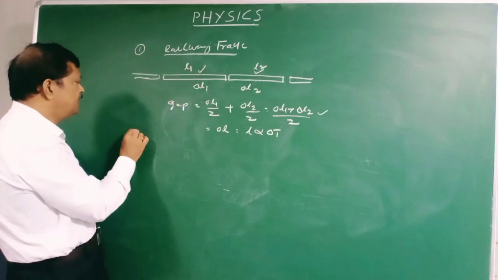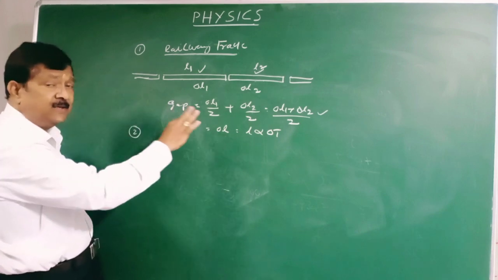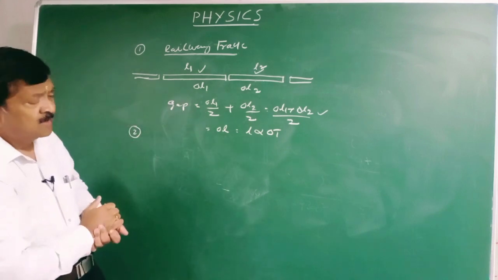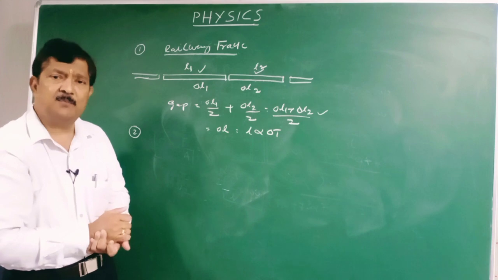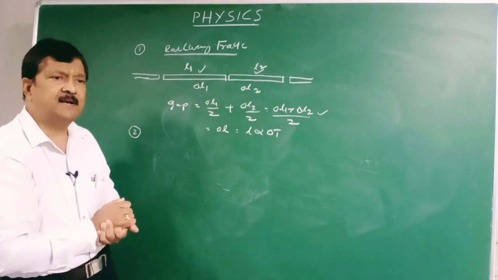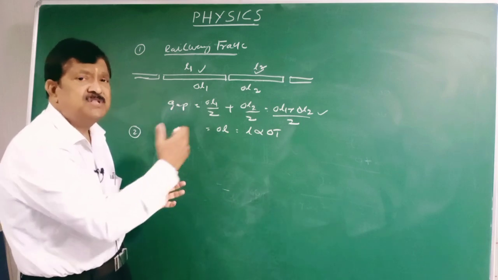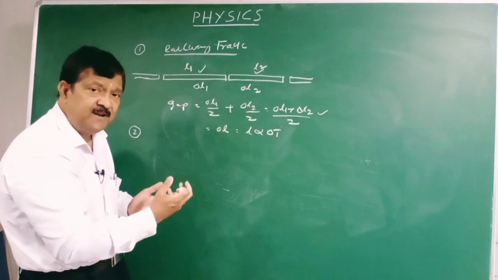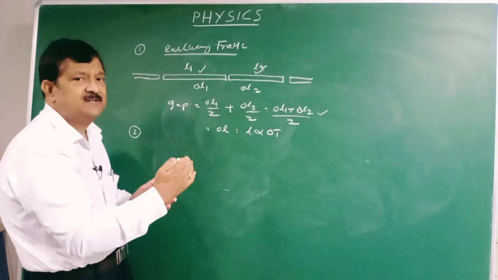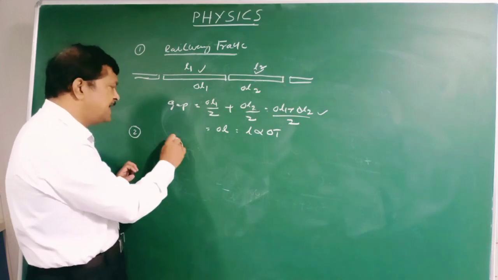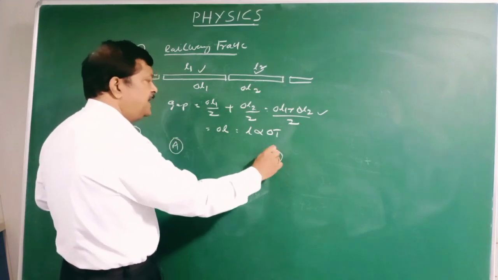Now let us move on to another application related to the same condition. Sometimes when solving problems, we will have a question about the distance between two successive stations. Suppose there is a railway station A here and a railway station B here.